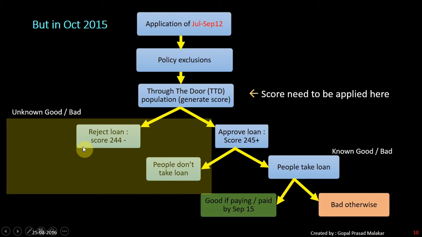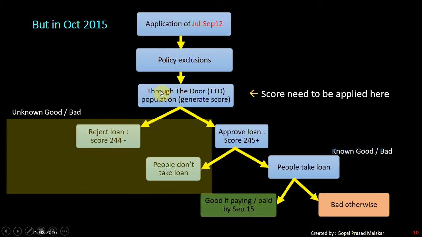If you want to develop a score, obviously you'd like to know the past performance so that your score is more refined, and all those greens, all those good who are here, can come here, and a little more of the bad that we are getting can go here. And what will happen that way? Your overall bad rate will go down.